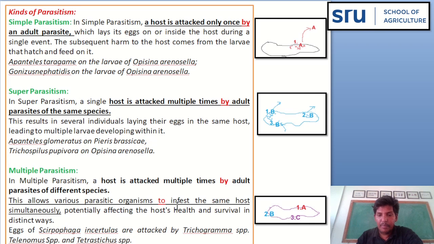For example, eggs of Scirpophaga incertulas are attacked by Trichogramma species, Telenomus species, and Tetrastichus species.